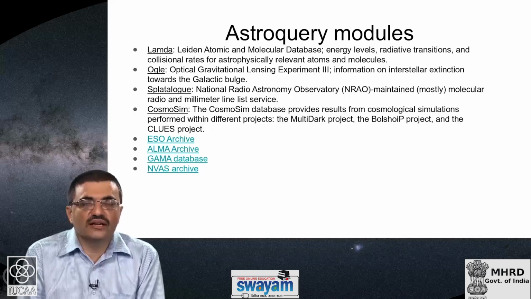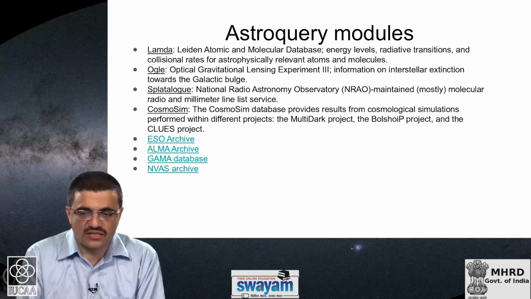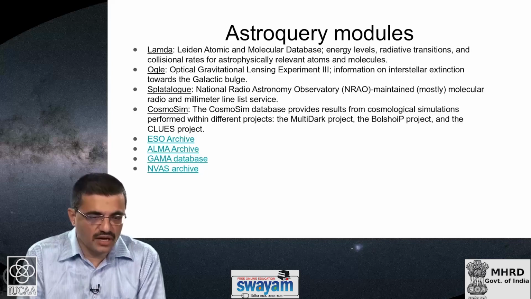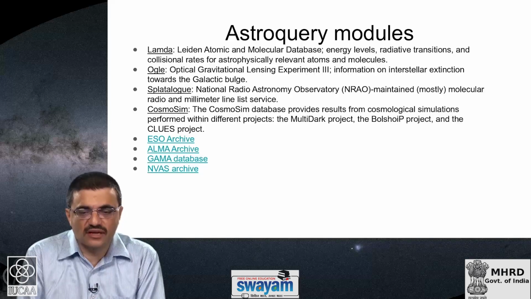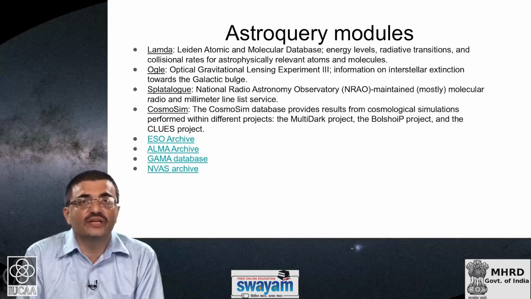OGLE is an ongoing gravitational lensing experiment, and it gives you a lot of data on interstellar extinction in the directions of the galactic bulge. Splatalogue is NRAO maintained molecular radio and millimeter line list service.